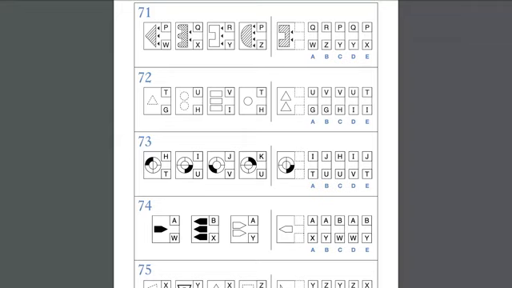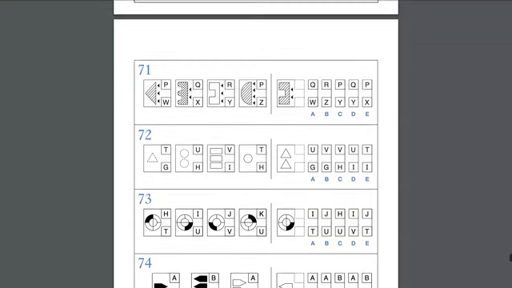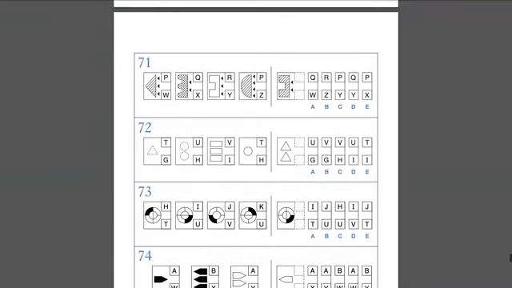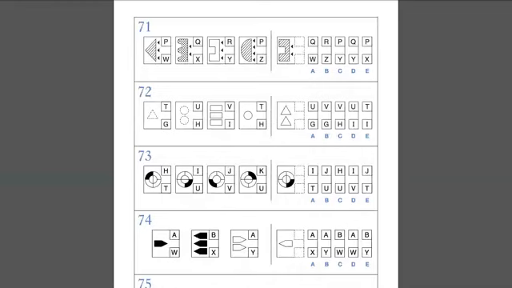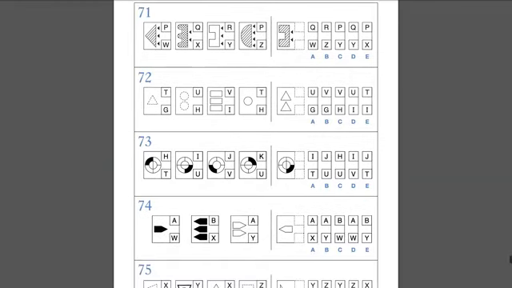Yeah, we are looking at the lines. Look at which one has lines like that. 71 is C.